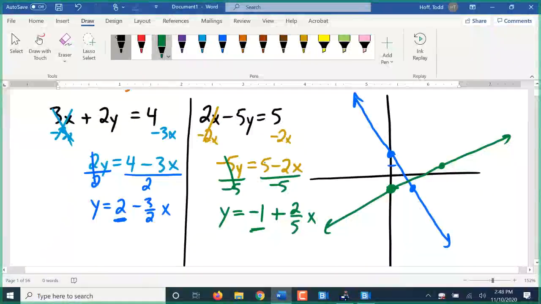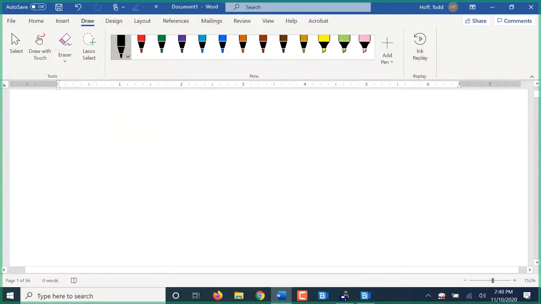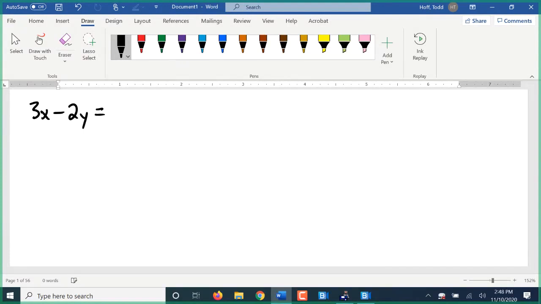I'm going to have you guys try a couple here. I'll start out with 3x minus 2y equals 4.